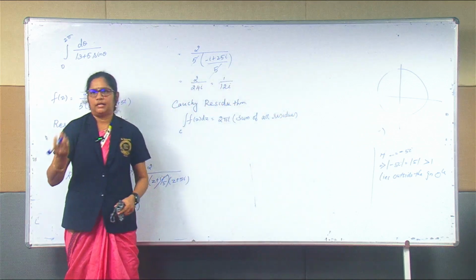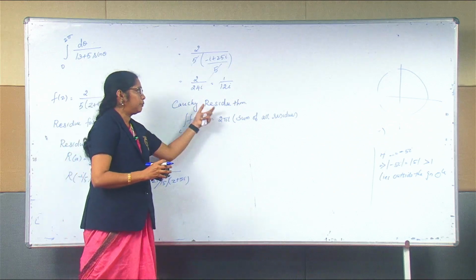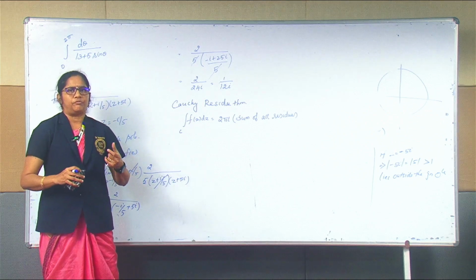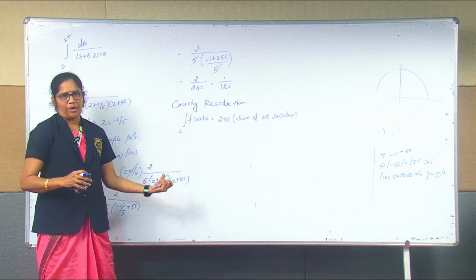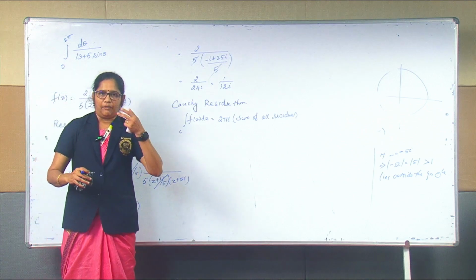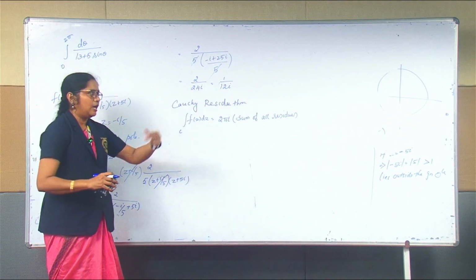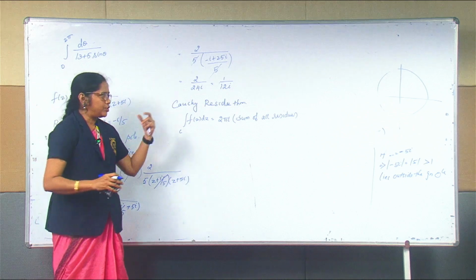Suppose you are having more than one singular point which lies inside the circle, you have to find out the residue for all such points. So in the problem, we are having only two singular points. Among the two, one lies inside, one lies outside. So it's not an issue.